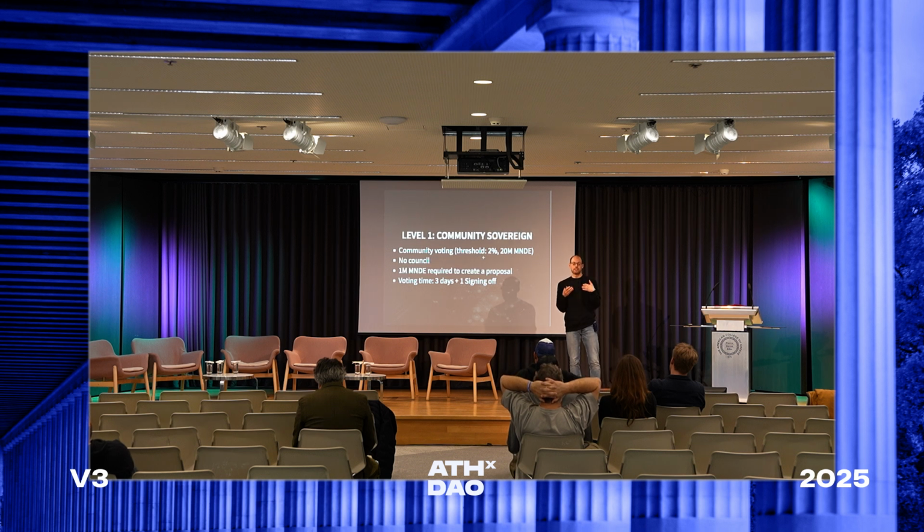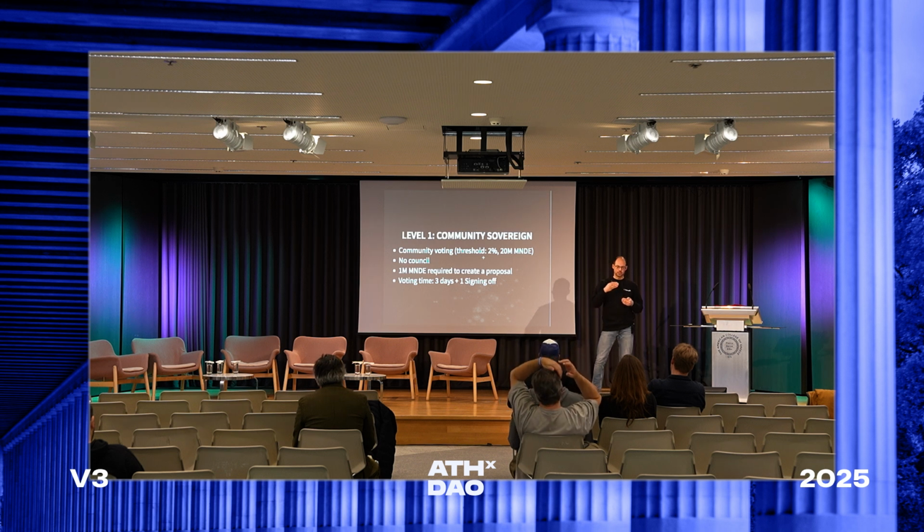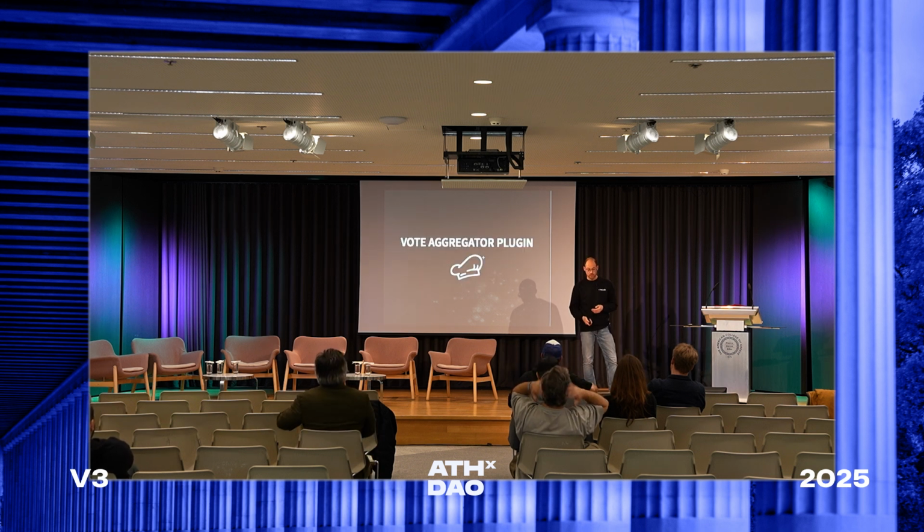But level 1 is where we are heading, having all the management placed with the community themselves. There is community voting for the DAO council members. So if there is, let's say, an attack, there still need to be at least 2 proposals processed, and we have some time to react here.